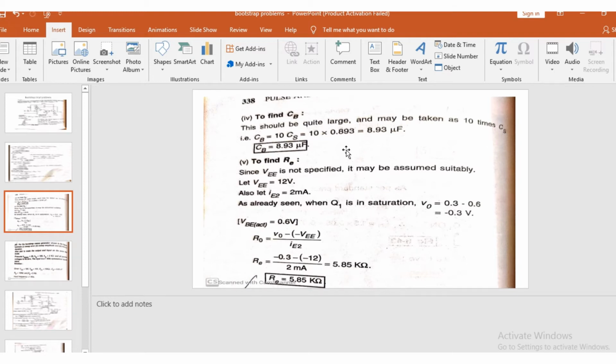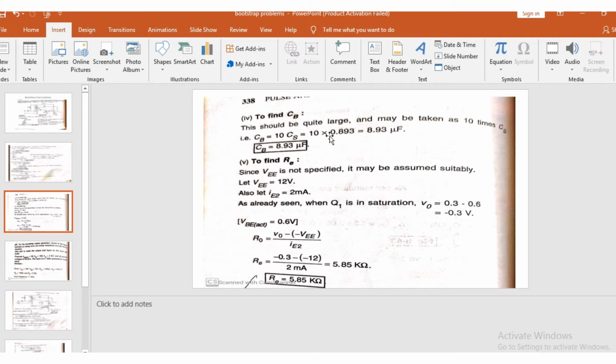CS we have calculated just now as 0.893 microfarad. So just substitute that here. CB is equal to 10 times CS, so 10 into 0.893. So CB is equal to 8.93 microfarad. Very simple to find CB. So remember this formula, CB is equal to 10 times CS.